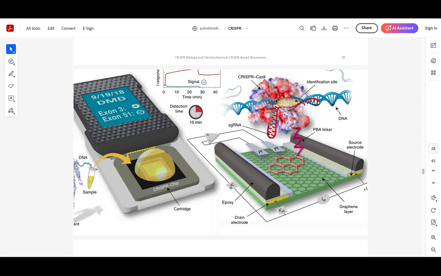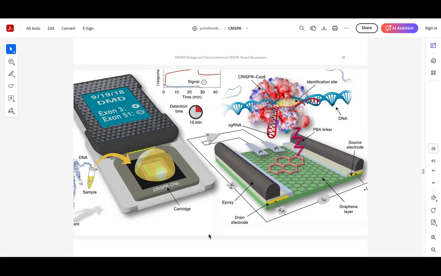Remember the identification in a biosensor is similar, like we use a DNA probe to identify a specific gene in bacteria. This is the same thing: identification of a series of gene sequences in the bacteria or in the virus, but the mechanism is that once it is identified, it cuts, it edits. The cutting process is used to be transduced by the transducer, and we can read the signal.